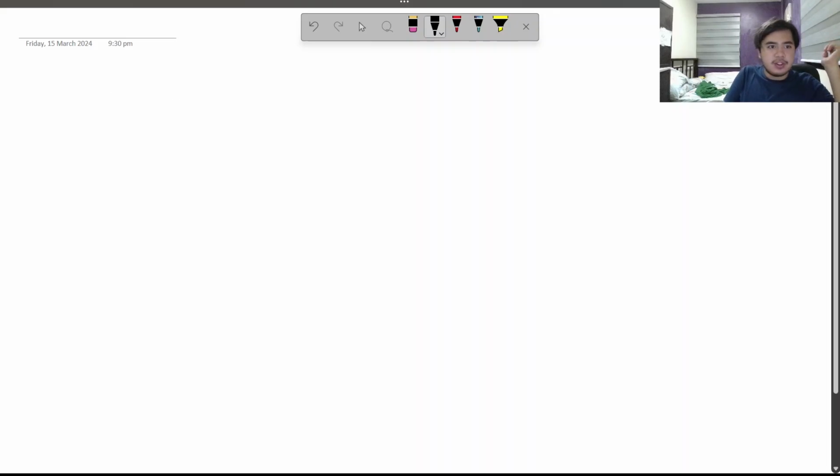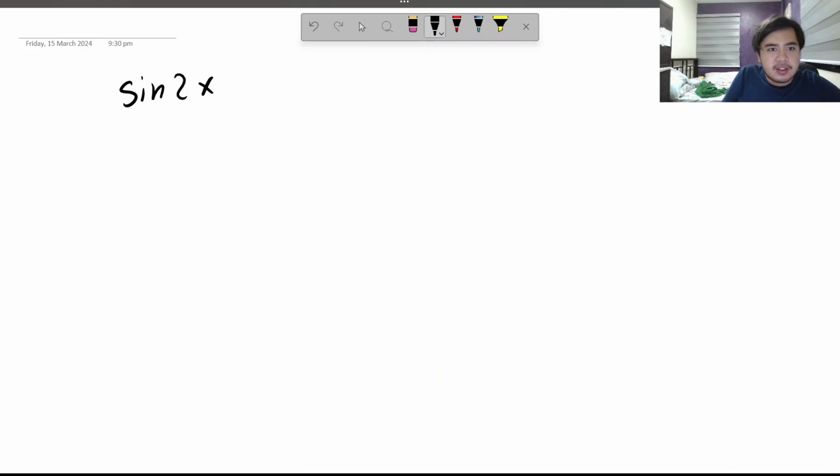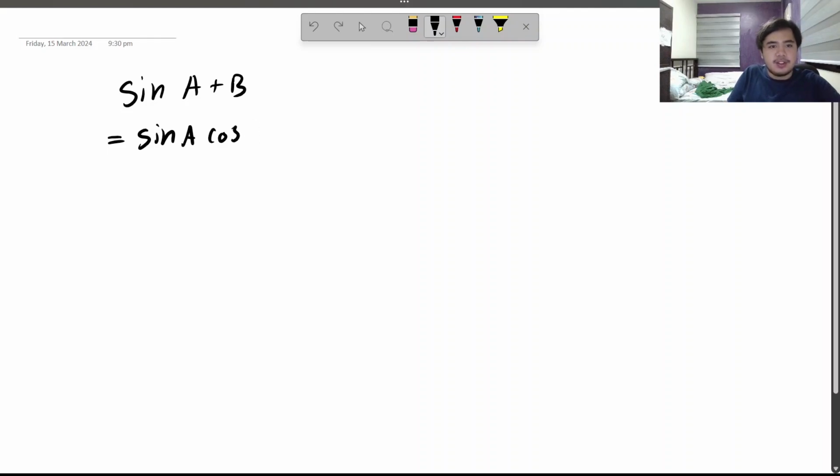Anyway, we know sine 2x, right? We all know that. Actually, no. We know sine a plus b. This is the addition formula. So what is the addition formula? Well, this is sine a cosine b, just b, plus sine b cosine a.